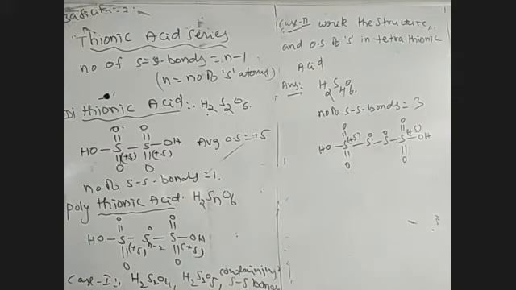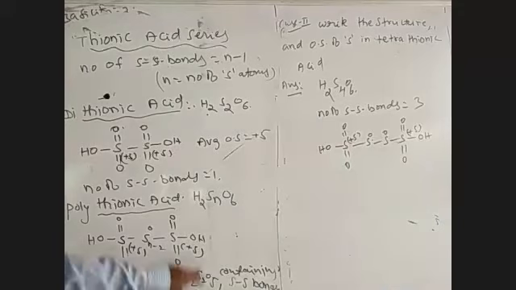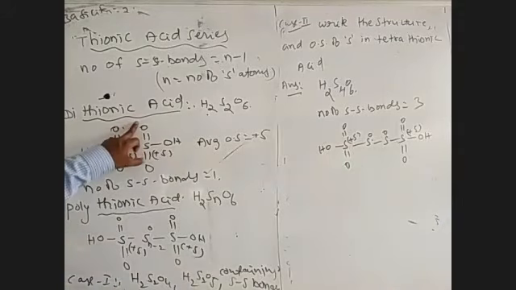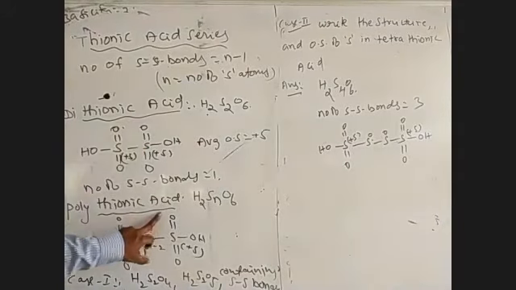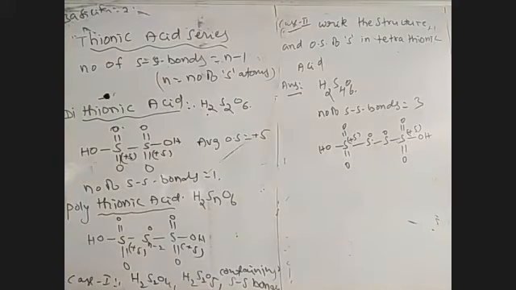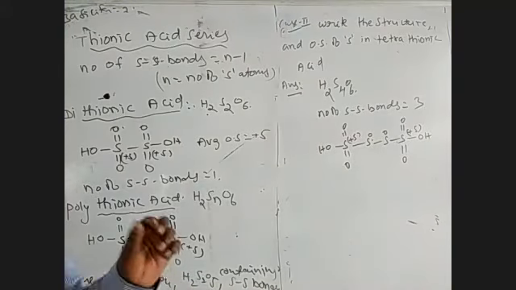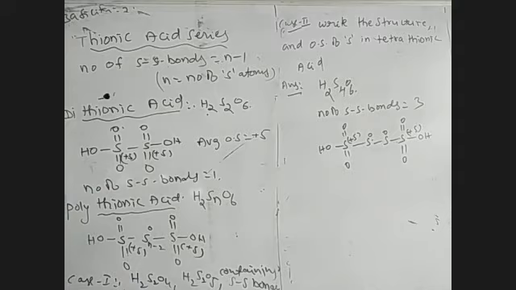Here, SS bonds are present in the compounds H2S2O4, called disulfurous acid, and H2S2O5, called pyrosulfurous acid, and dithionic acid and polythionic acid. SOS bonds are present in pyrosulfuric acid, called oleum, H2S2O7. The SOOS bond is present in peroxydisulfuric acid, that is H2S2O8 only.